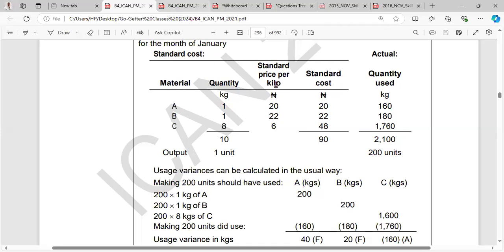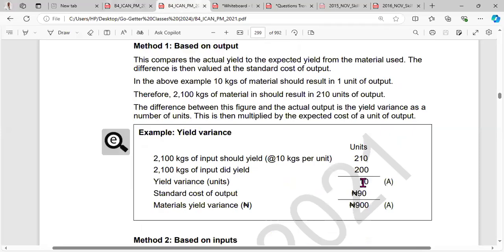It means that 10 was adverse. Then you multiply it by the standard cost, and that is your material yield variance.